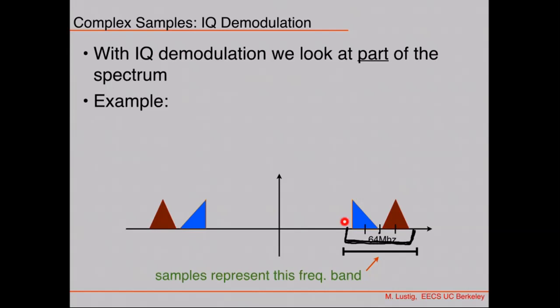Now, this is a very common way of doing things in radio communication. It's a very typical way of dealing with things by doing what's called an IQ demodulation, and then you end up with a complex signal representing a piece of the spectrum. Okay, any questions?